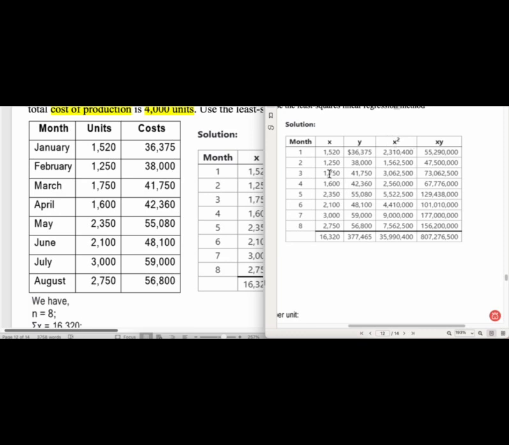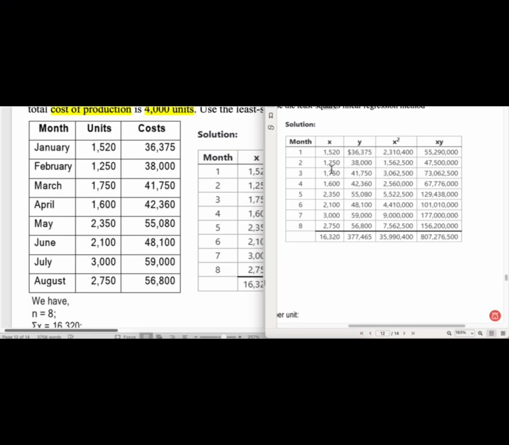Next, 1,250 multiplied by 1,250 is 1,562,500. Next, 1,750 multiplied by itself is 3,062,500. The same goes for the others. 1,600 multiplied by itself is 2,560,000, and so on.